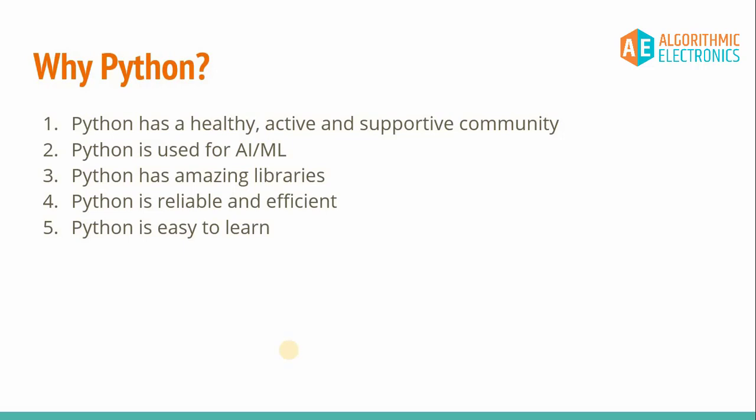Python is used for artificial intelligence and machine learning. This is one of the important applications of Python, and Python is the number one choice for AI and ML, as it has a strong mathematical background.